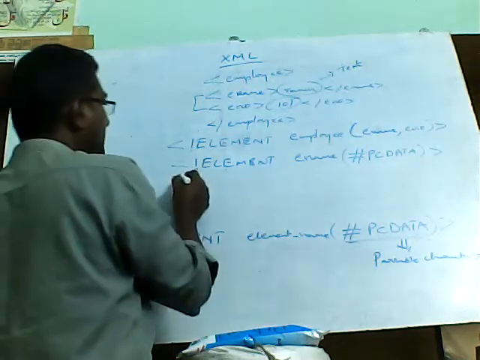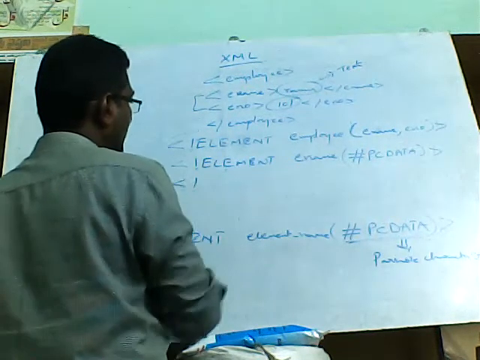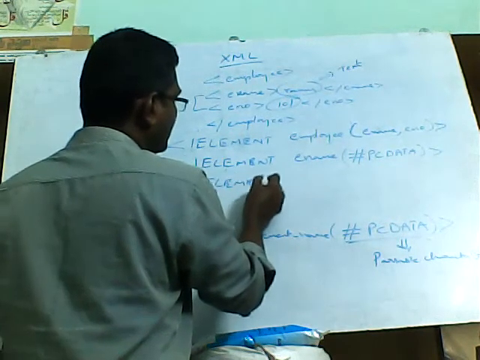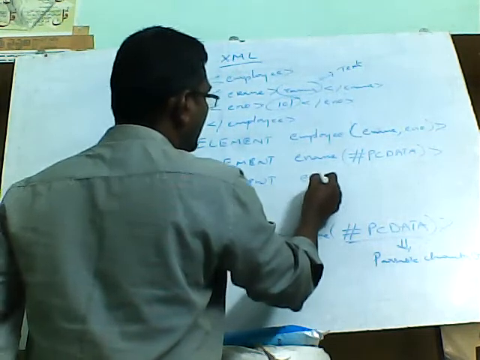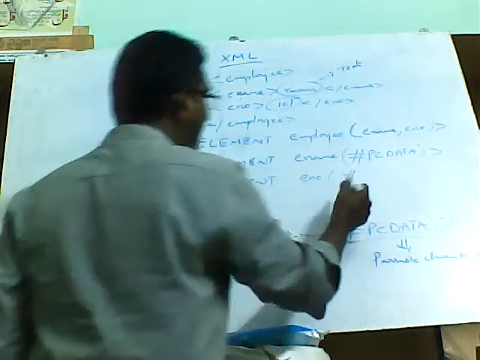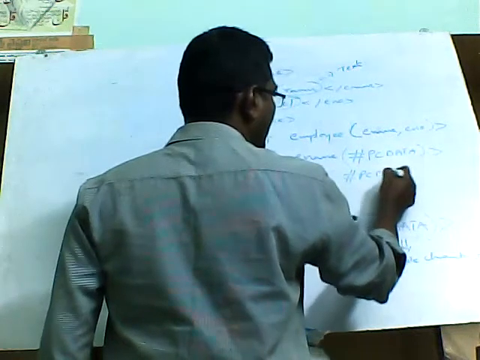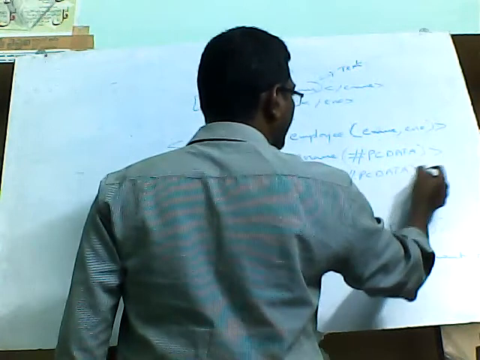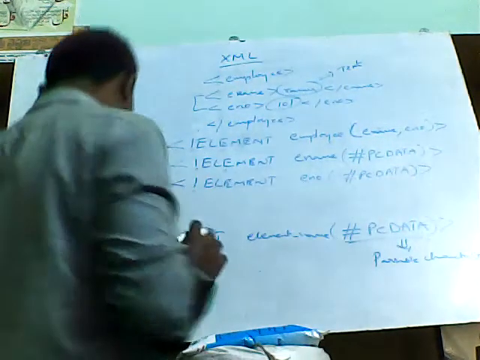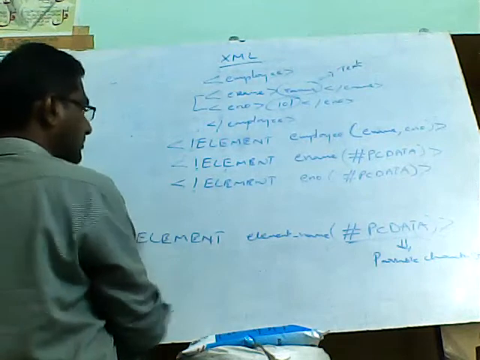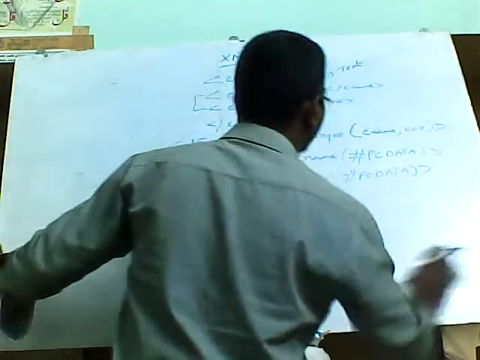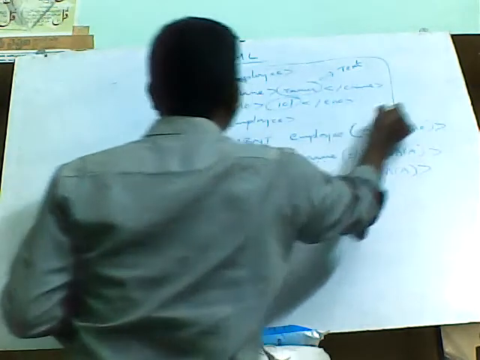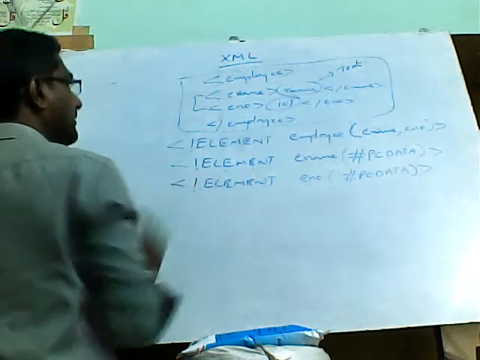Next, if you want to describe another element, exclamatory mark followed by element, then number followed by hash PCDATA, right? So parsable character data. Close. Okay. So like this, we have to describe the document. If you have been given an XML document in this manner, you can write the definition like this.